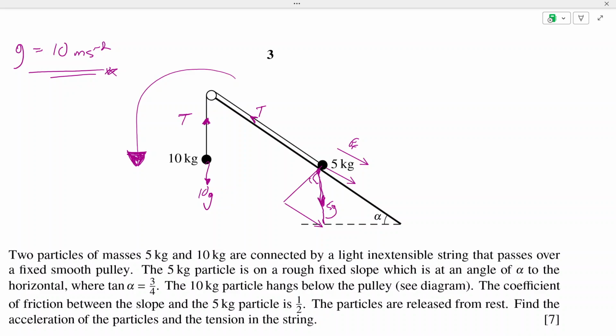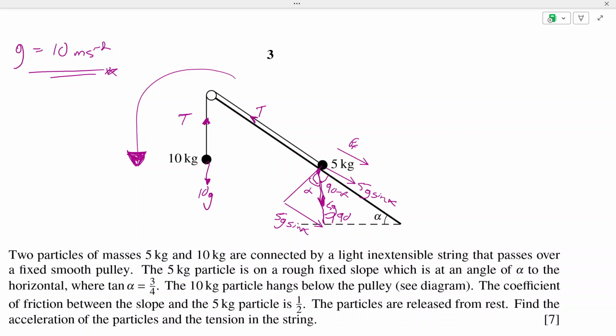So to find this angle here, look, this is 90, right? So therefore, this becomes 90 minus alpha. And this whole angle here is 90. So therefore, this is alpha. When you add that up, we get 90, right? Which means this part here is going to be 5g sine alpha. That is the component acting down the slope.